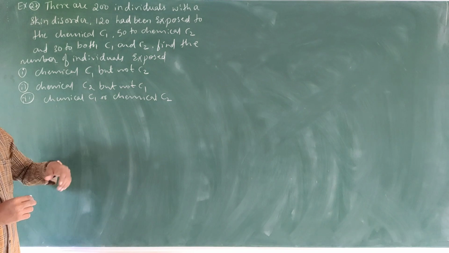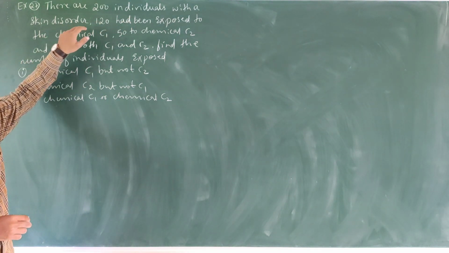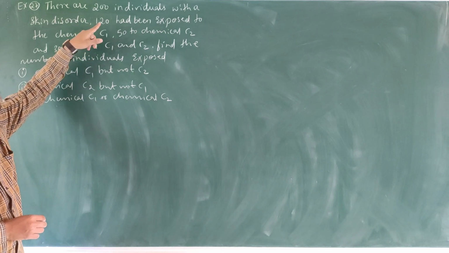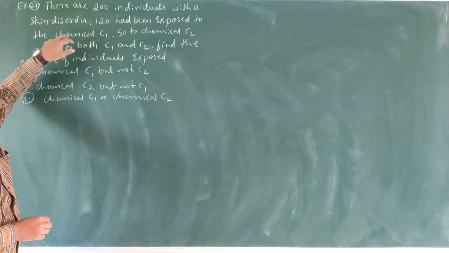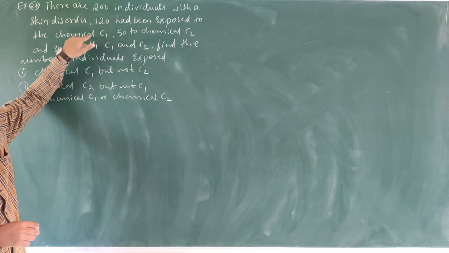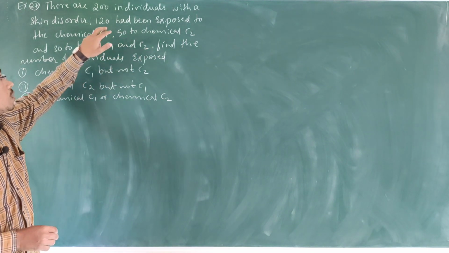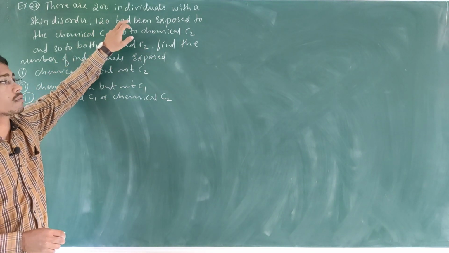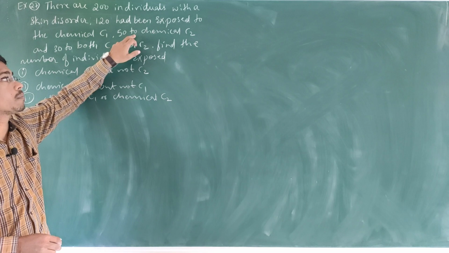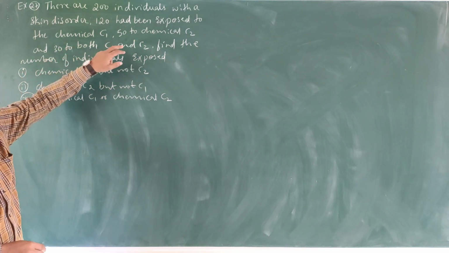Example 27, there are 200 individuals with skin disorders, okay. 120 had been exposed to the chemical C1. Among the 200, 120 are exposed to the chemical C1 and 50 to chemical C2. So 120 have the skin disorder from the chemical C1 and 50 from the chemical C2, and 30 to both C1 and C2.